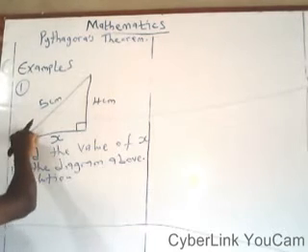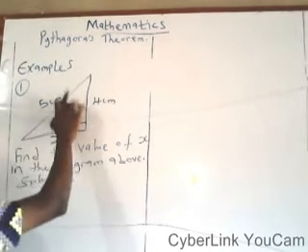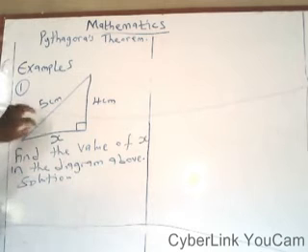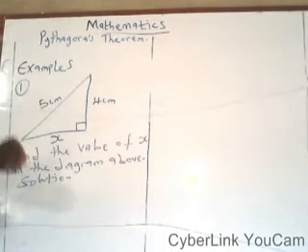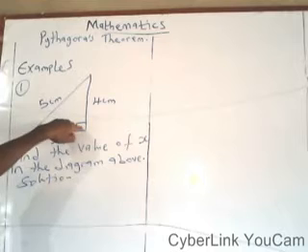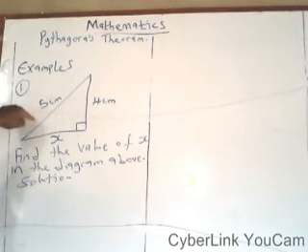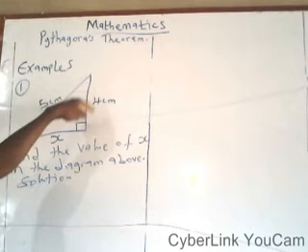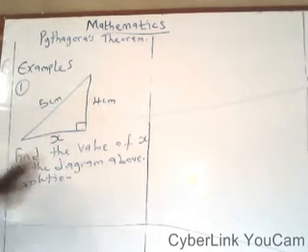But for the case of this one, the question itself does not indicate any other angles. But inasmuch as we have our right angle here, this is the hypotenuse, while this will be either opposite or adjacent.